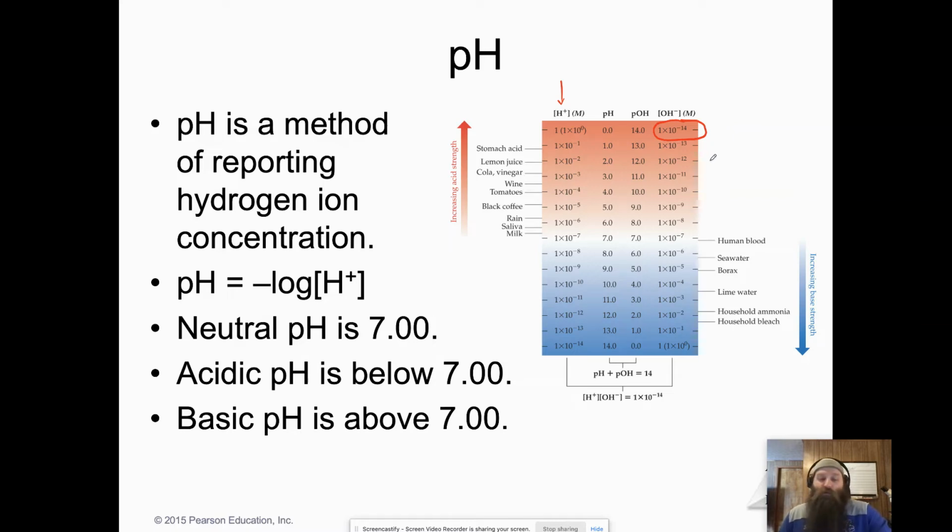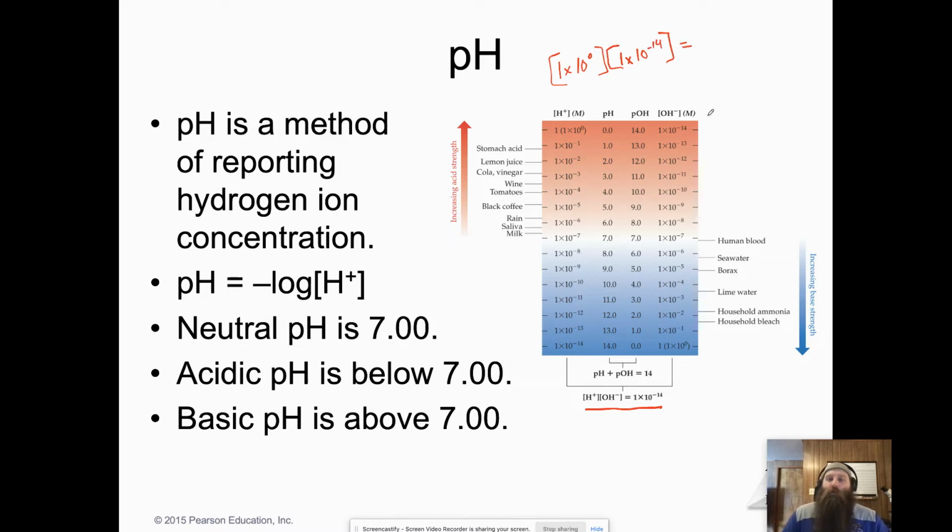But their concentrations have to sum up to 14 right there. When you multiply, not sum up, sorry. They must form the product of 1 times 10 to the negative 14th when you multiply the concentration of hydrogen times the concentration of hydroxide ions. So, 1 times 10 to the 0 times 1 times 10 to the negative 14th.